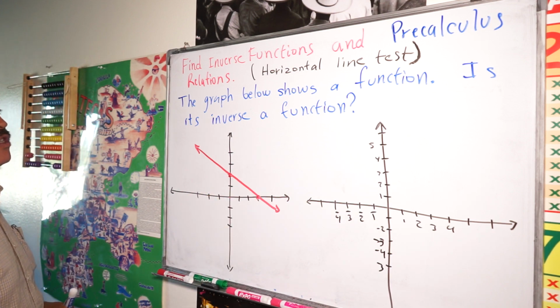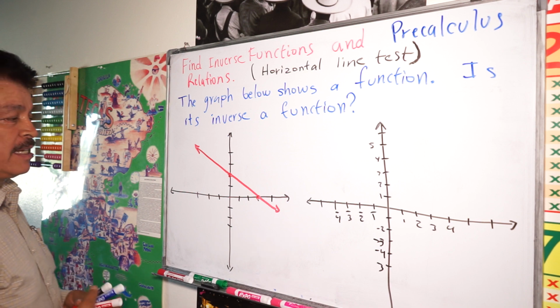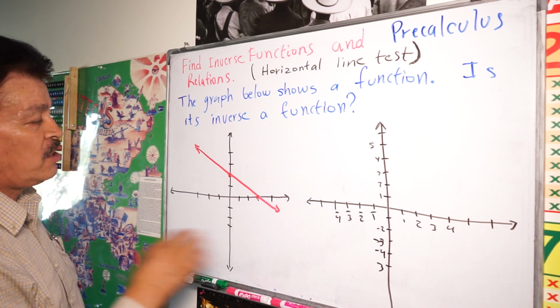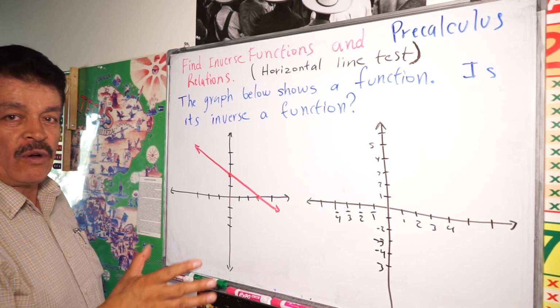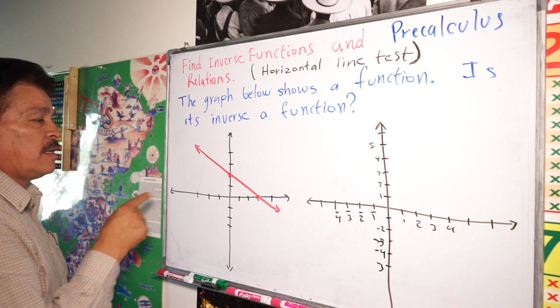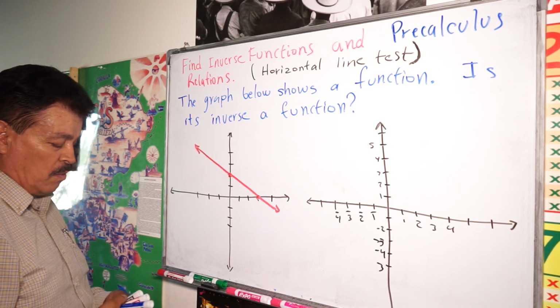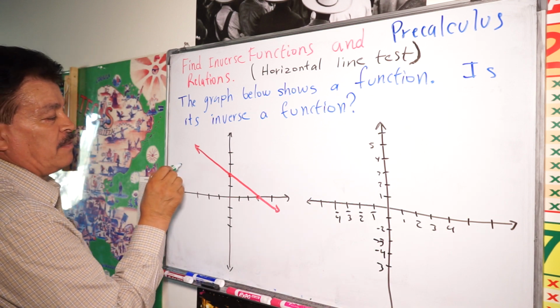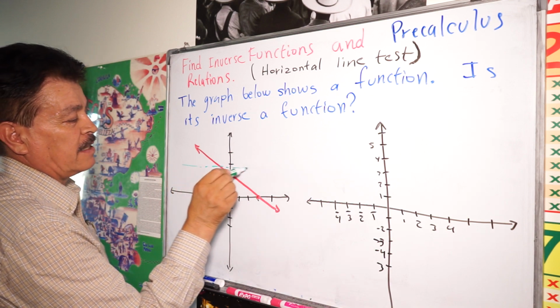So the horizontal test or vertical test: when you draw horizontal lines or vertical lines, you can prove if the line crosses one or more, or 2 points in a graph like this. You do these lines.